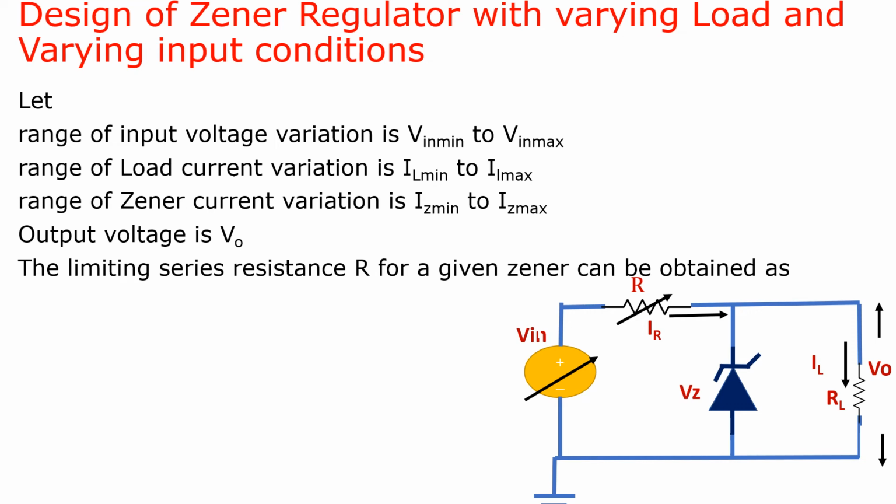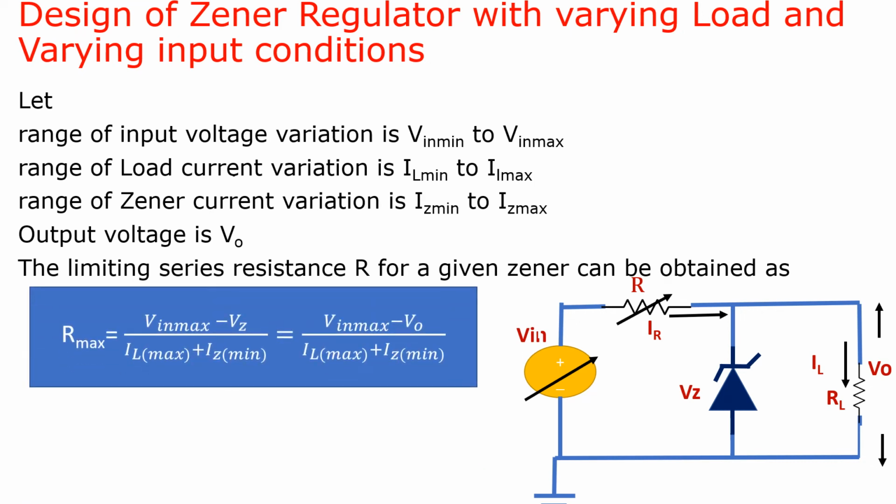To calculate the limiting series resistor, we will calculate the range of the series resistor, meaning the minimum resistor and the maximum resistor value. R max you can calculate by using the simple formula V upon I, where I is the sum of the current flowing through the Zener diode and the load resistor. In this case, we will consider the maximum input voltage.